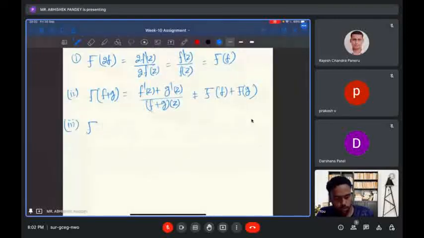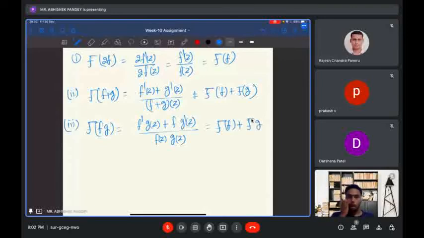So this will be (f dash g(z) plus f into g dash z) upon f(z) into g(z). So this you will get. Is it clear?